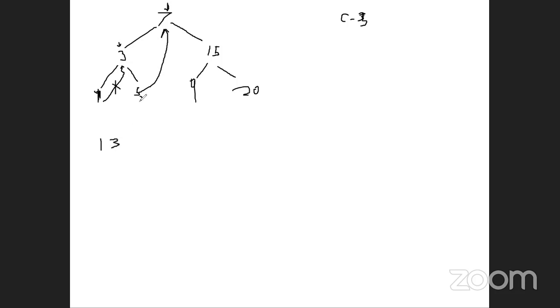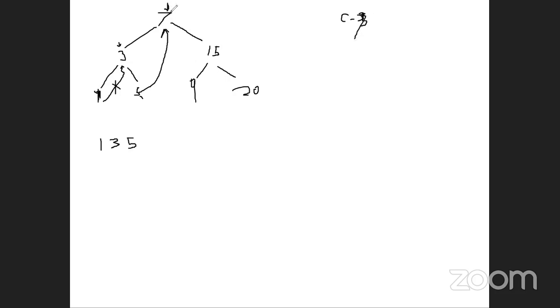Correct. Thank you. So you're only modifying the right pointer? Yes. So from 5 there is no left, so I can print 5 and make my current 5's right, which is 7.